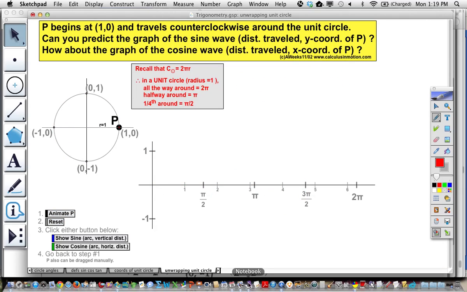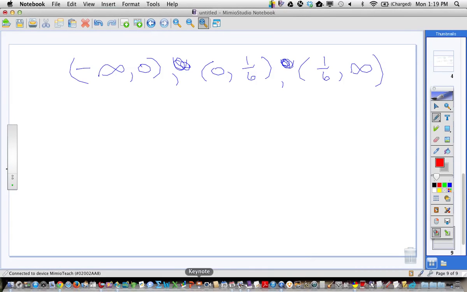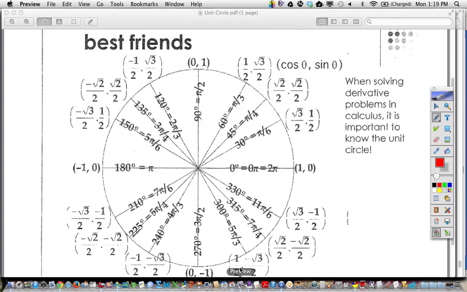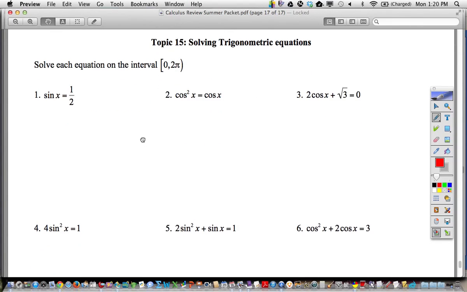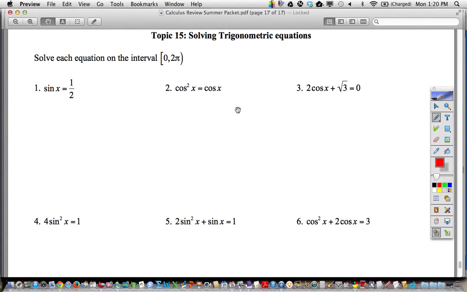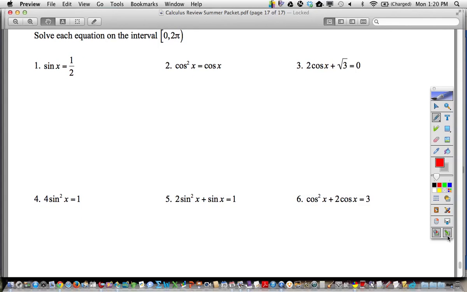All right. So what I would like to do is take a look at this worksheet that you had, and go through a couple of these. I'd like to do number 3 with you real quick here. Hopefully you had a lot of these done, but maybe you ran into some difficulty with some of them.